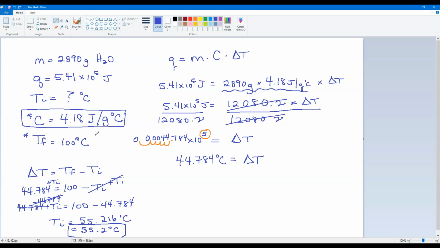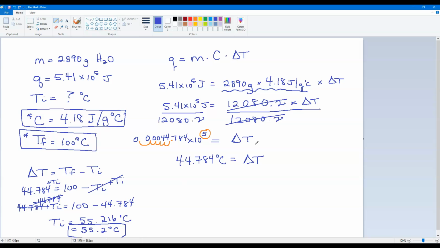You also had to know that in bringing it up to a boiling point, that's going to be your final temperature. That's the first key in solving this question. The second key is setting up the heat capacity formula correctly and solving for change in T. Once you had change in T, you put that into the change in temperature equation and solve for the initial temperature.